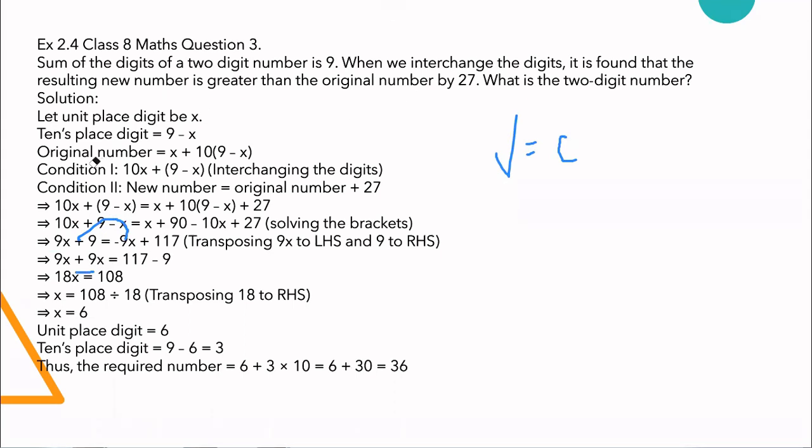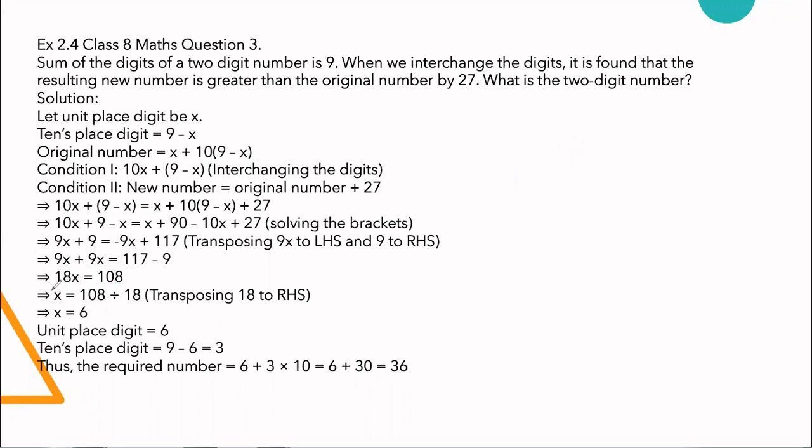Now when I do the same thing for 117, which is at the RHS, I'll transpose plus 9 towards the RHS, which converts to minus 9. So 117 minus 9. What is the answer for that? 108, isn't it? So 18x will be equal to 108.